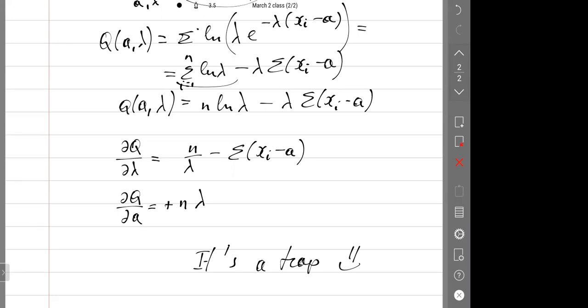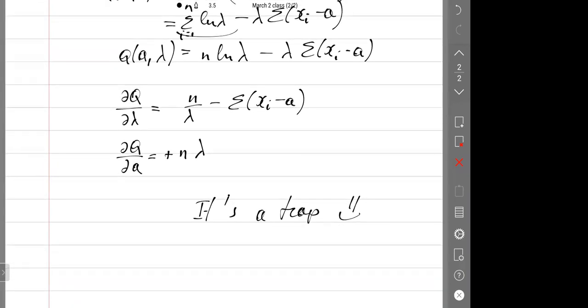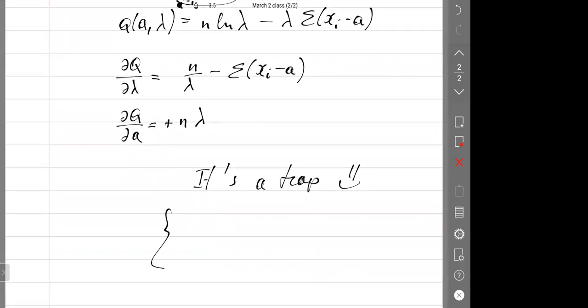If I try to just say n over lambda hat minus the sum of x_i minus a hat equals 0, it seems okay. Then the second equation seems okay. And oops, obviously there are no solutions, because from the second equation we need lambda hat equal to 0, and from the first equation we cannot have the estimator of lambda equal to 0.